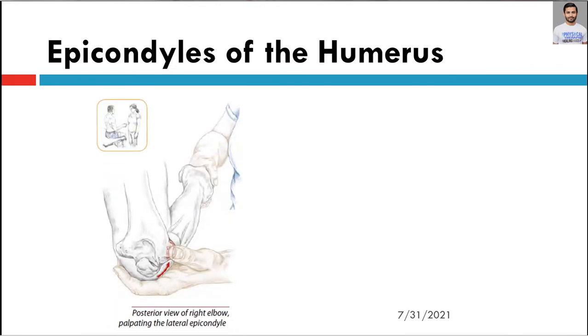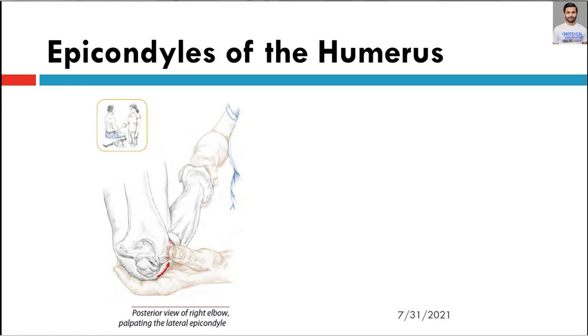Then the epicondyles, this is an ideal position to find the epicondyles of the humerus, either the medial or the lateral epicondyle. I recommend my students to explore the skin on the lateral and medial side of the arm over here, and you can come down from the top and you can find these prominences on both sides, the medial and lateral side. These are the most prominent areas in this region, and they are very palpable even if the elbow is extended.